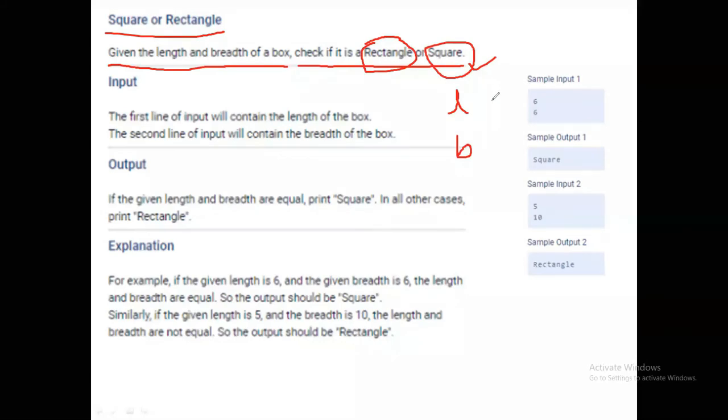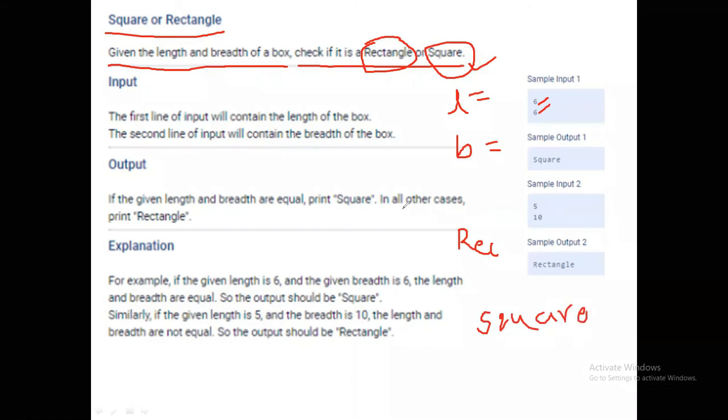Okay, very good. Now we are going to write. I hope you all understand the problem. You are going to read two numbers from the keyboard. So you are going to take L equals int of input and B equals int of input. After that we are going to print either rectangle or square.